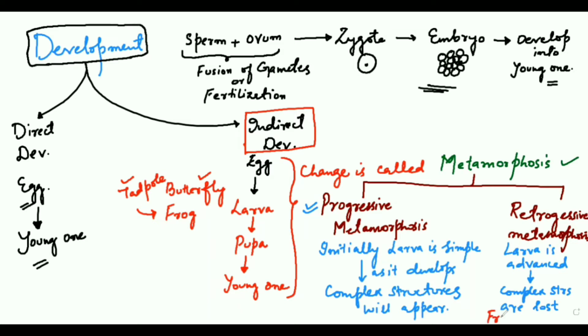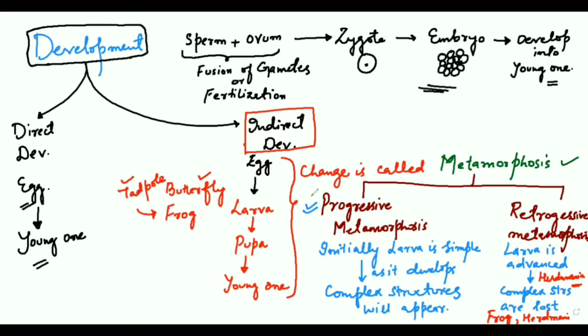So in case of frog, you will see retrogressive metamorphosis. In case of Herdmania, let me write it down over here. In case of Herdmania, you will see the same retrogressive metamorphosis.